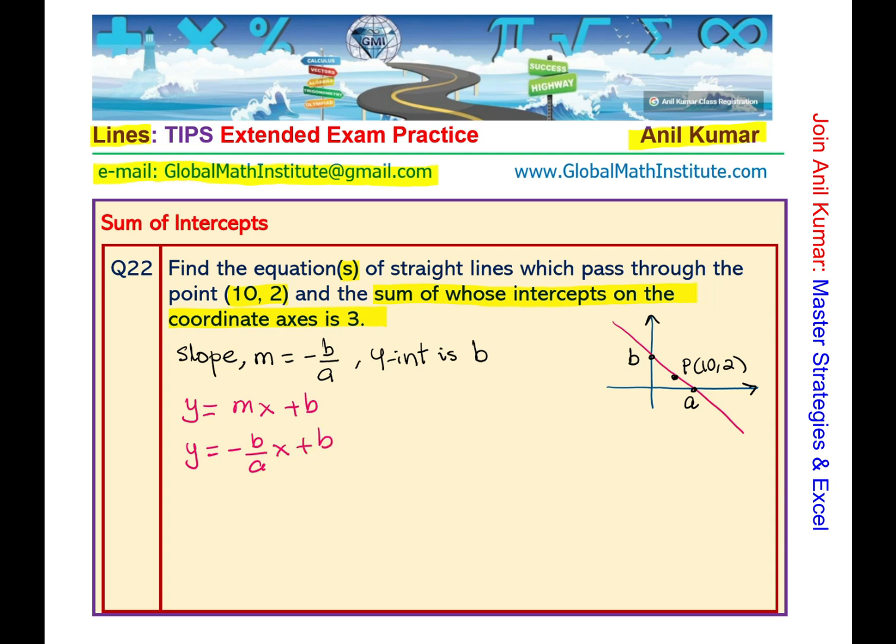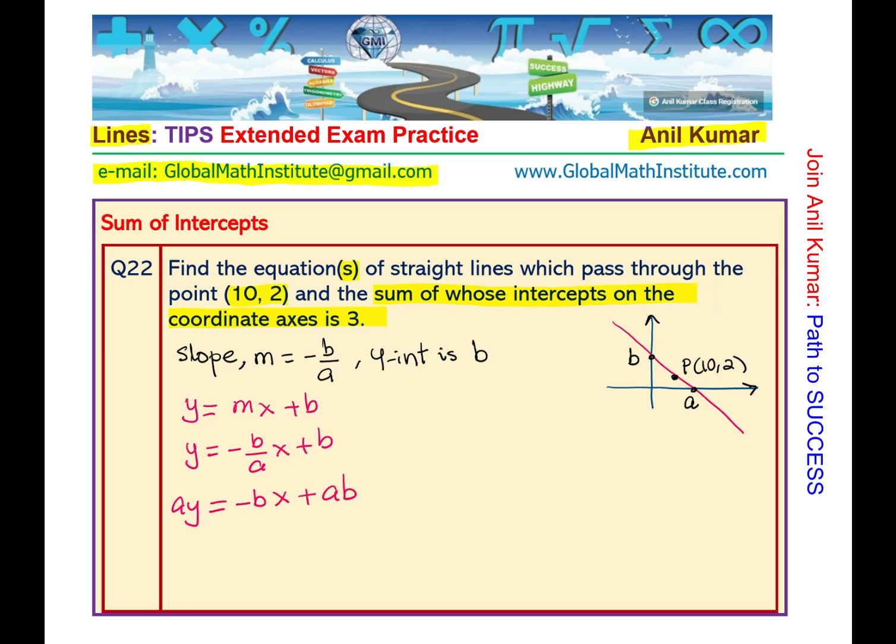We can multiply each term by a to simplify, so we get a y equals minus bx plus ab. Bringing all the terms together to the left side, we get bx plus ay minus ab equals 0. So we get an equation with a and b as the constants to be found.